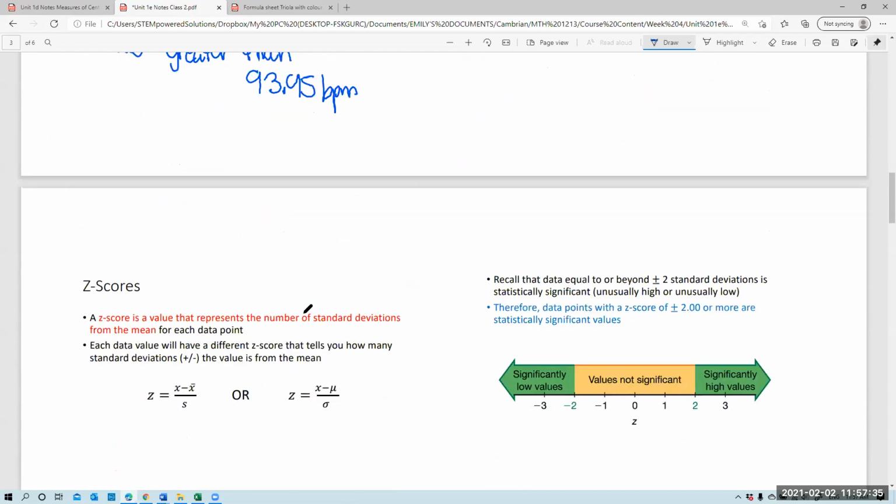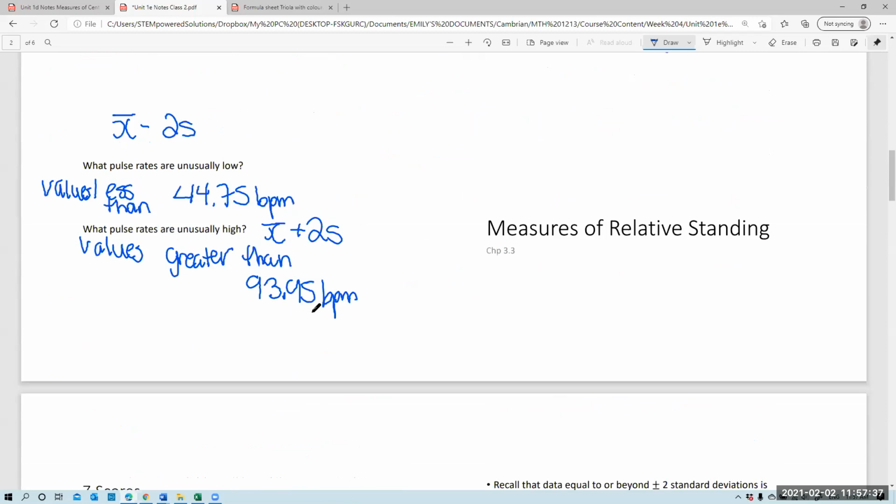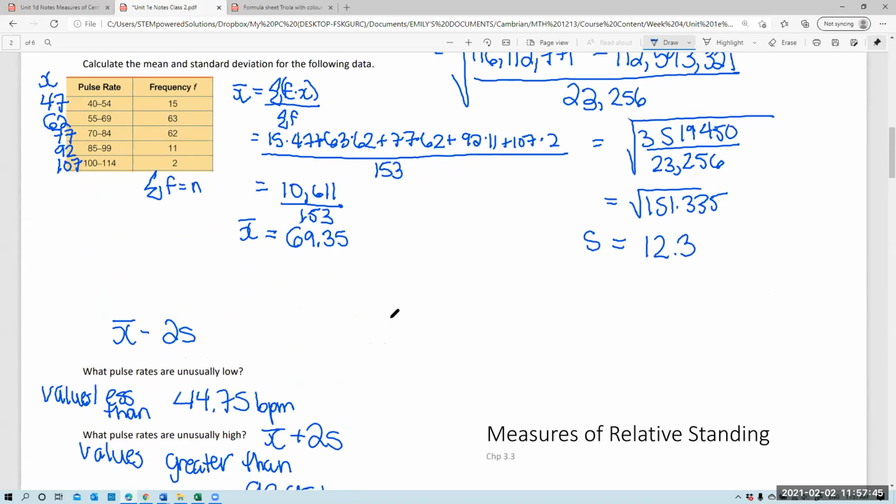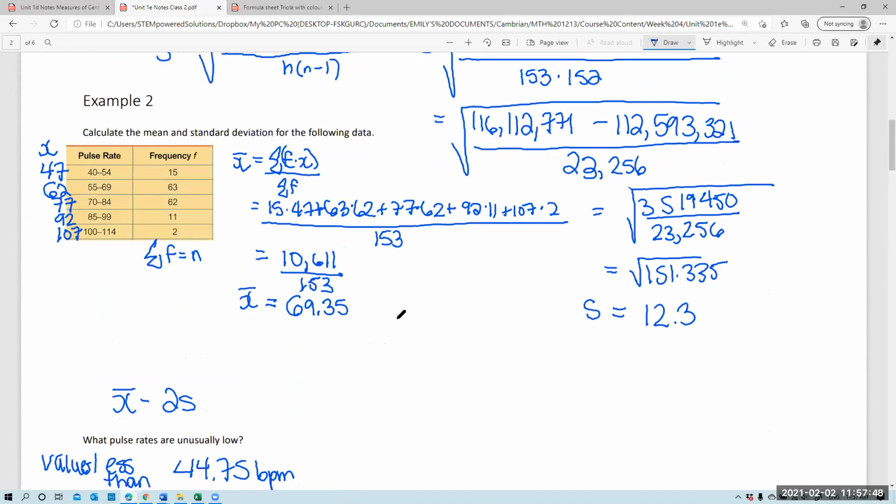So now we're going to jump into measures of relative standing to finish off today's class. This will be just wrapping up this unit, and then you're ready for your test, which is next Wednesday at 8:30 in the morning.